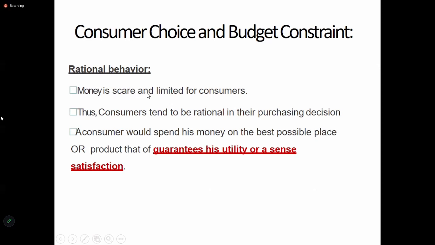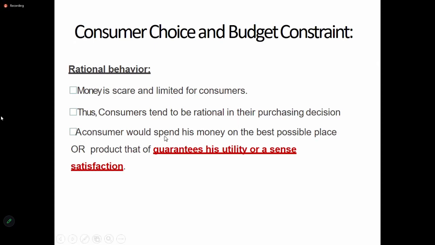But their wants and demands are many, they have many requirements. Therefore, consumers tend to be rational in their purchasing decisions. They can't just think and purchase quickly; they have to be rational. In Sinhala, we call it Tarkanvita. They weigh the pros and cons, everything, then they purchase things.